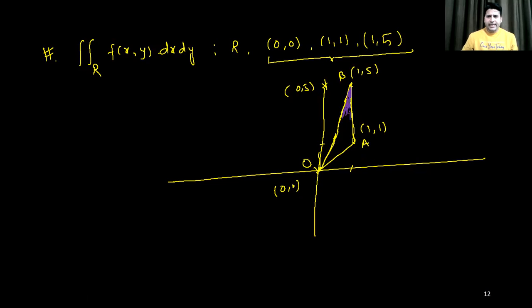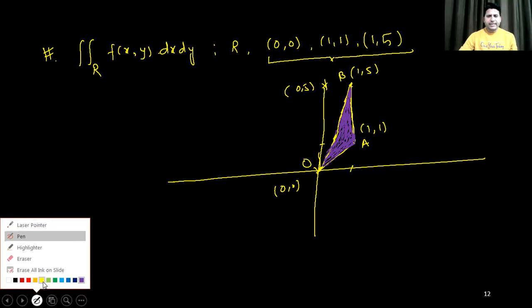Now we need to decide, just give me the answer to one question: if I take a strip parallel to the y-axis, should I take one strip or two strips? Think on it. I hope you got your answer.